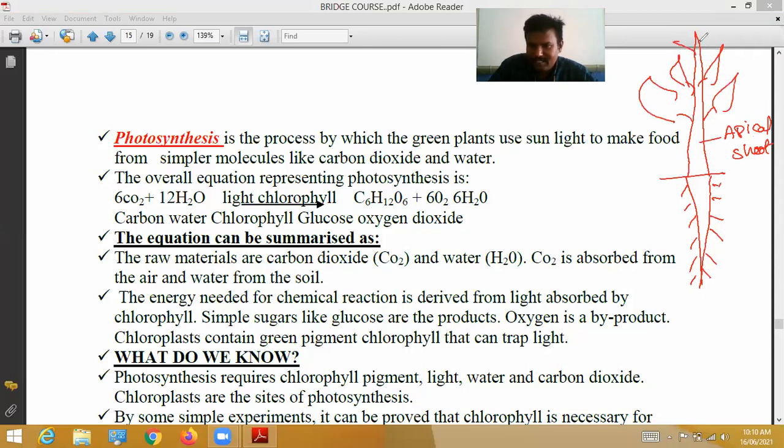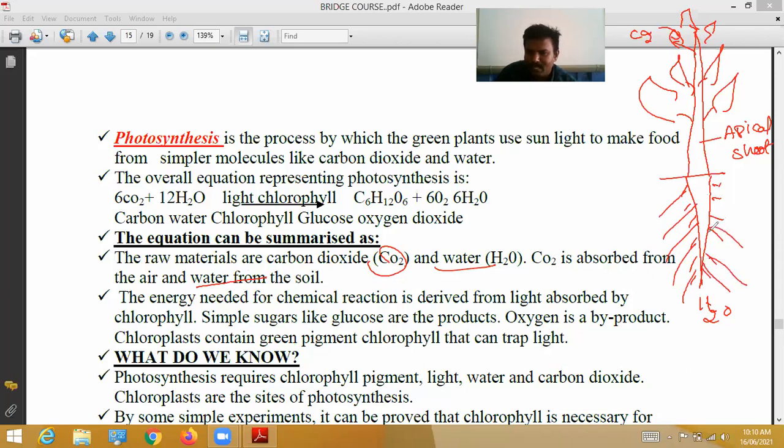So carbon dioxide is absorbed by the leaves from the atmosphere, and water is absorbed by the root system from the soil. In the soil, the root hairs, primary root, secondary roots and tertiary roots are the structures that absorb water.